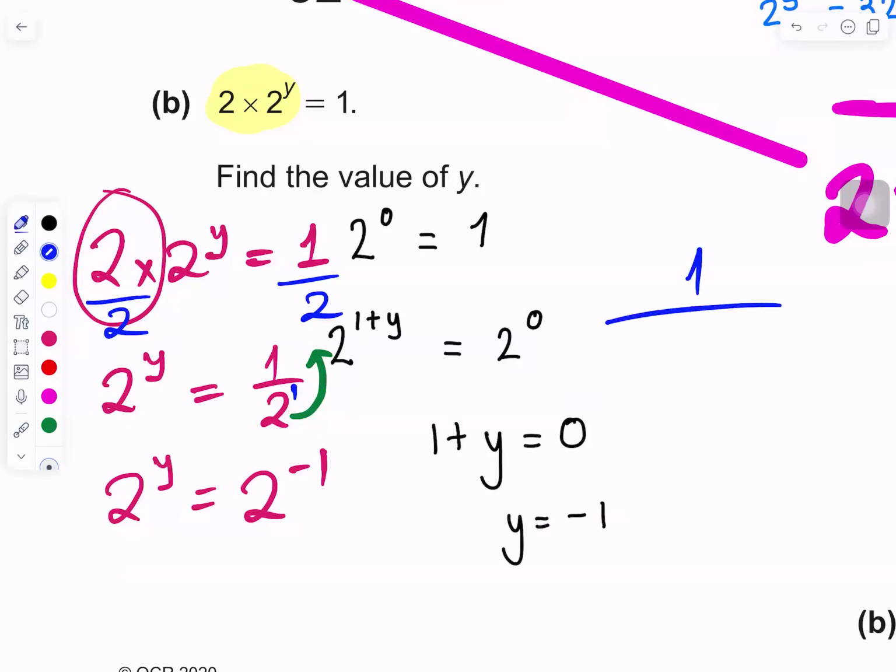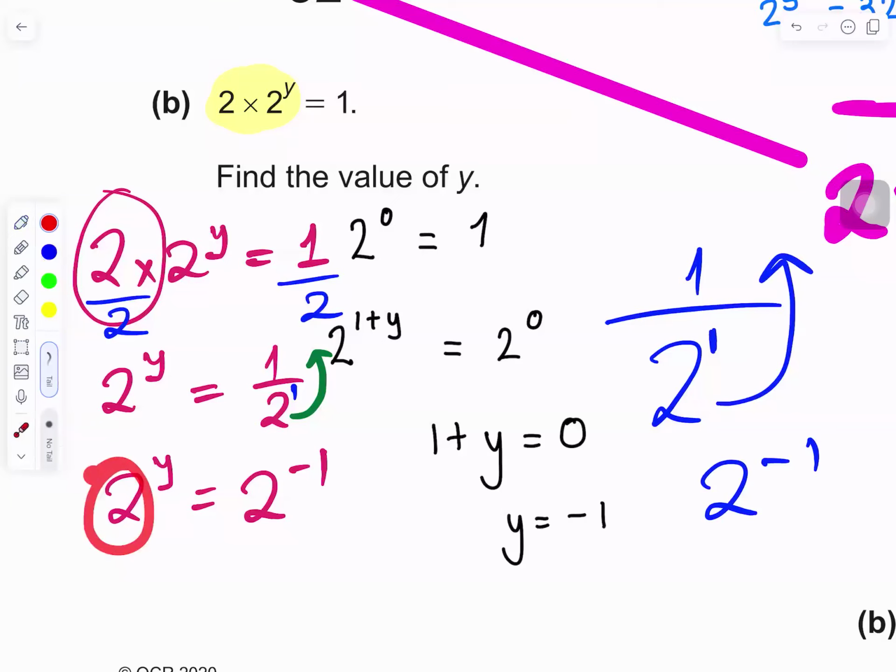When you take that to the top, it becomes 2 to the minus 1. So this 2 is the same base as that 2. So this y must be equal to minus 1.